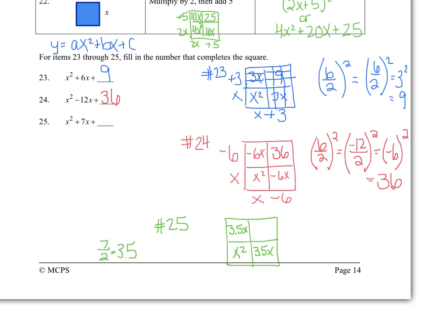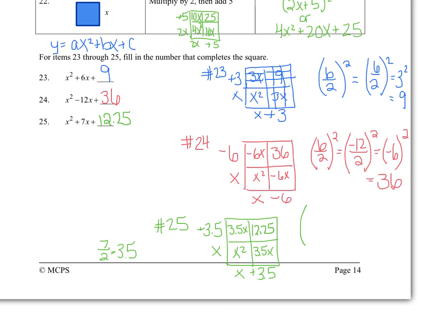This means my side length has got to be x plus 3.5 times x plus 3.5. To find out what completes the square, I'm going to do 3.5 times 3.5, and I'm going to get 12.25. That is the number I'm completing the square with.